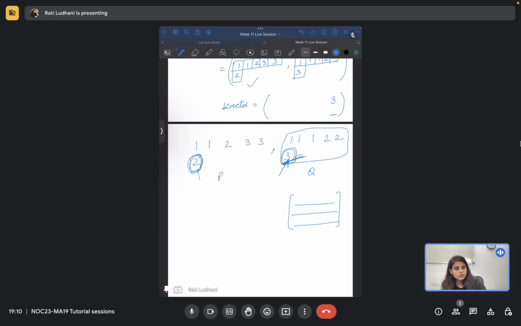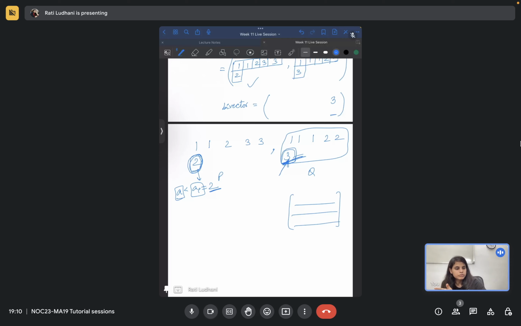So that number is your AI, and it must have been replaced from the first row, right? Because this is in the second row, you will move to the first row now. Now in the first row, this is your AI. You will search for such A such that this AI is your 2. You will search for such A which is nearer to 2, but less than the biggest.